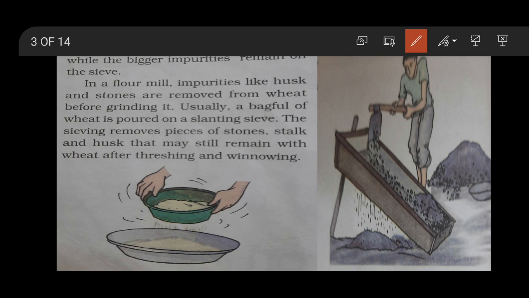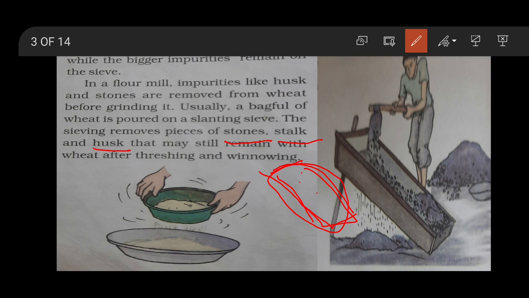What is remaining on the sieve in wheat? Stones, stalk, and husk particles. Okay, in factories, they use a larger slanting sieve like this, in a circle shape or a square shape.